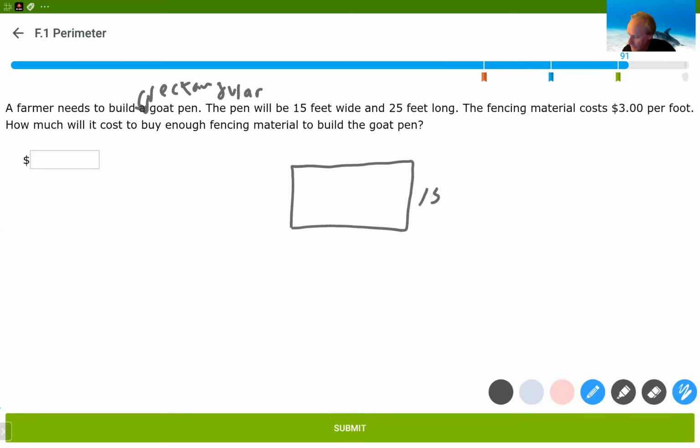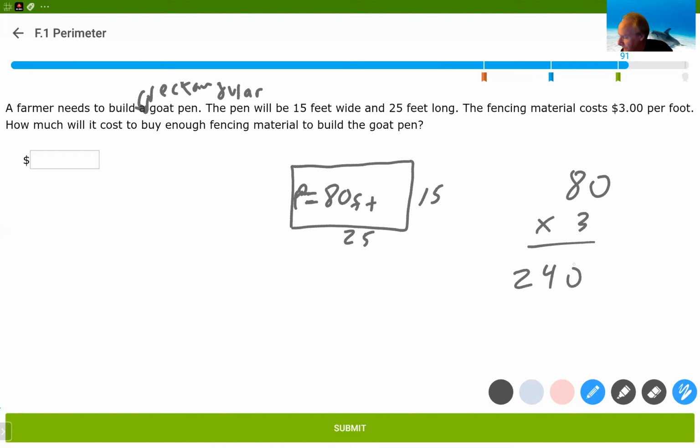This is 15 by 25. And here's a shortcut. Add these together and you get 40, and double it and you get 80. So it's 80 feet is our perimeter. I probably should write P since I'm talking perimeter, not A. There we go, 80 feet. So we have 80 feet, and it costs $3 per foot. That's $240. And we're done.